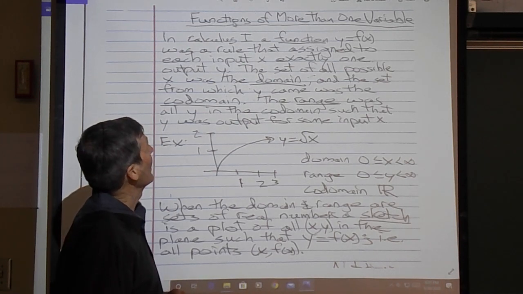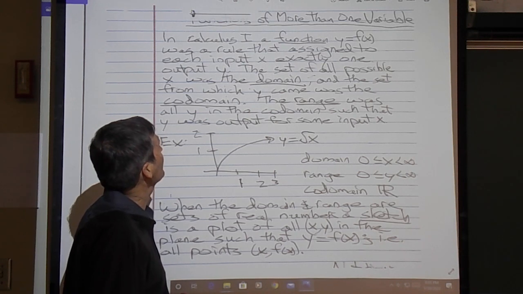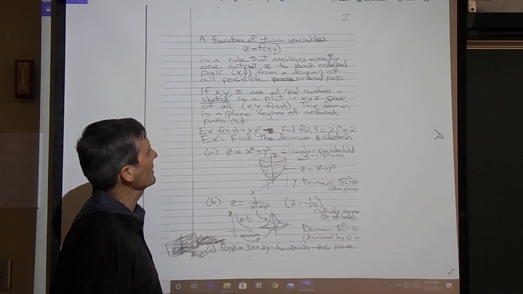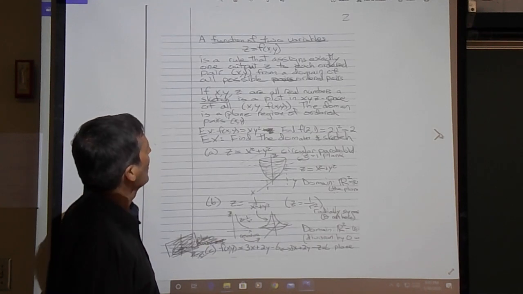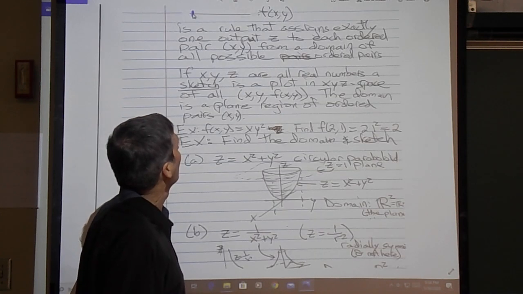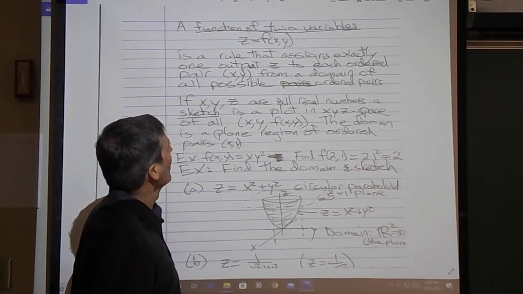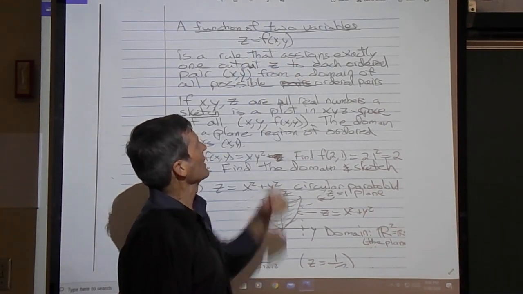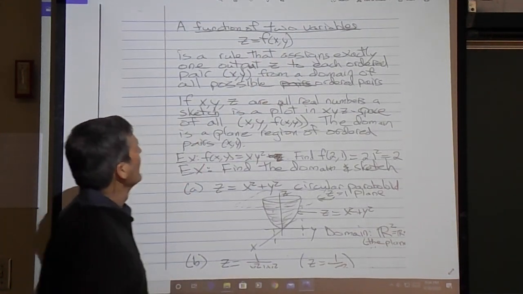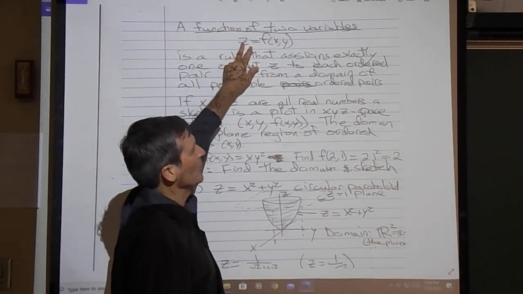How shall we extend that now to functions of more than one variable? Well, a function we said in general is just a rule that assigns to each input x exactly one output y. What we'll do for a function of two variables, we'll say f of x, y is a function of two variables, and we can write z equals f of x, y if we want, if for each ordered pair x, y, we get out exactly one number z.